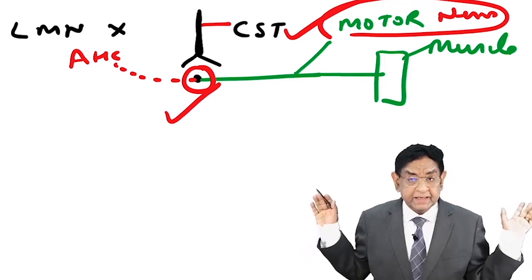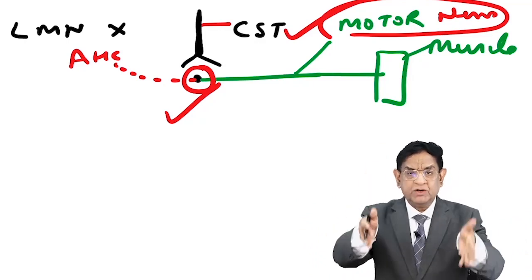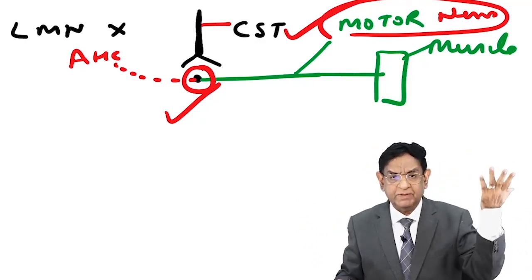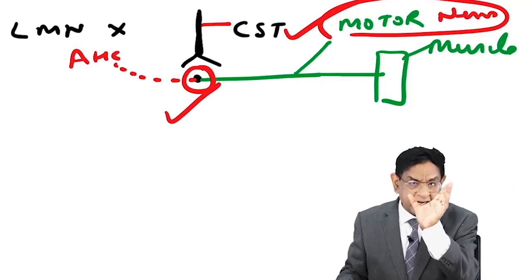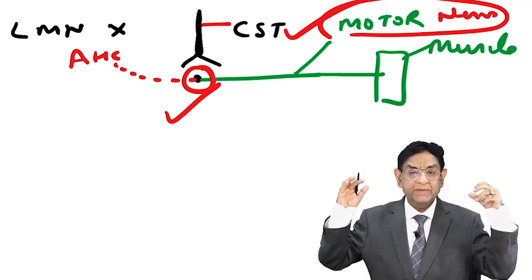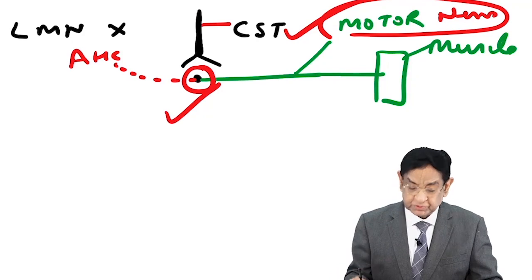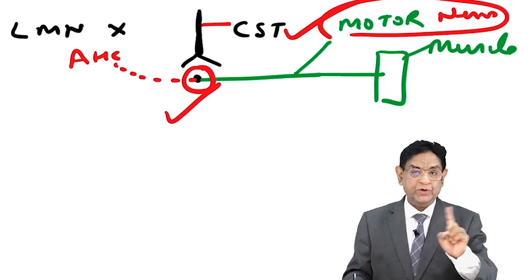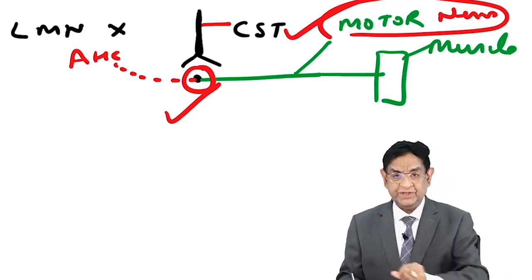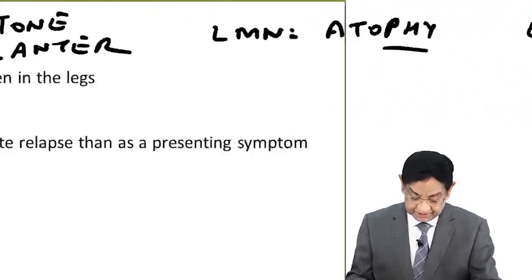But in multiple sclerosis, the problem is in the corticospinal tract or above. That means demyelination occurs in the central nervous system. So that's why lower motor neuron palsy is not a feature of multiple sclerosis. Very, very important point.